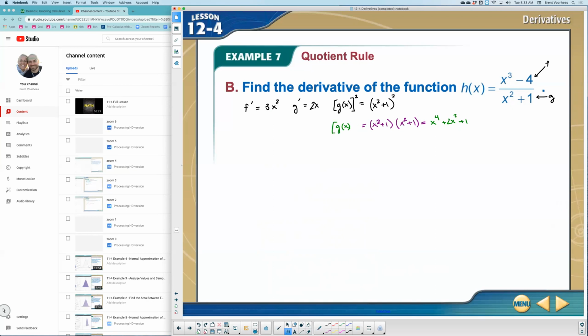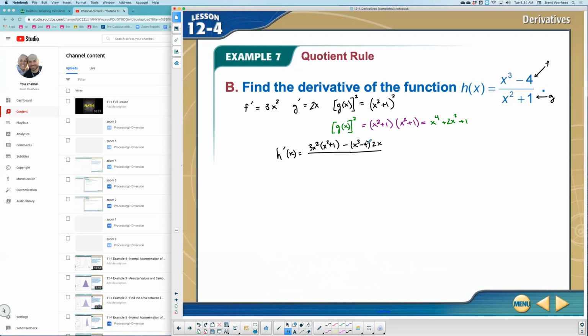Okay, so now that I have these values, we're going to find the derivative of h here, since it's a rational function, or a function that can be represented by f divided by g. We are going to use the quotient rule, which states that h prime will equal f prime, 3x squared, times the denominator, x squared plus 1, minus f, x to the third minus 4, times g prime, which is 2x.